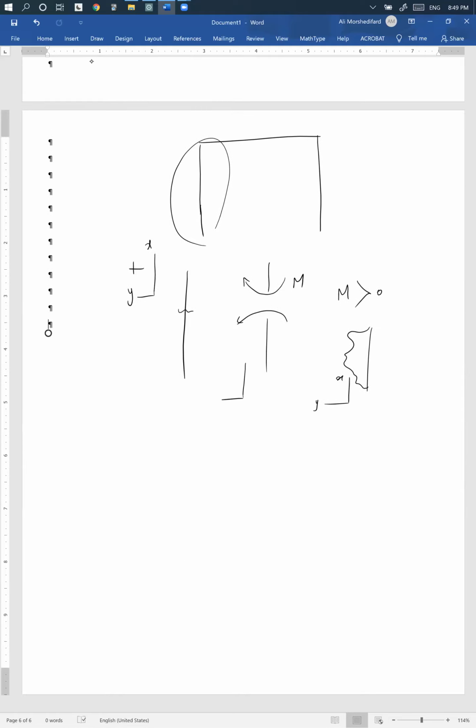Now, let's say you take your coordinate the other way around. Based on the convention that I mentioned, your moment has to again point in the positive direction of the coordinate system. So now this is your positive convention for moment.